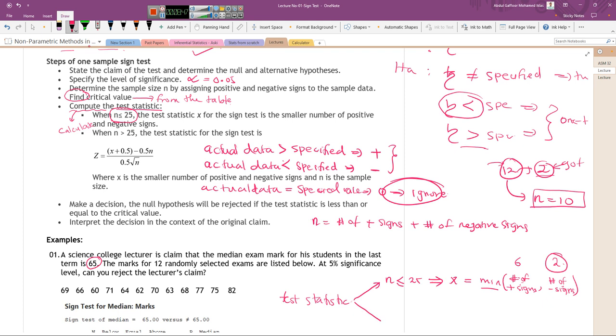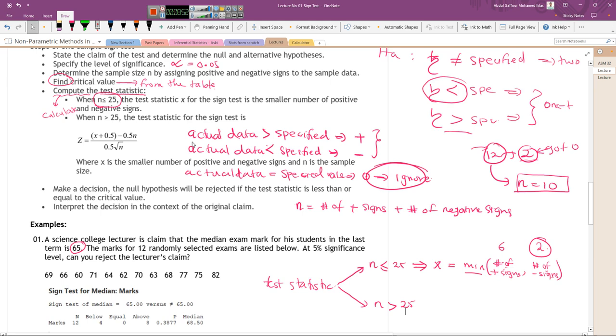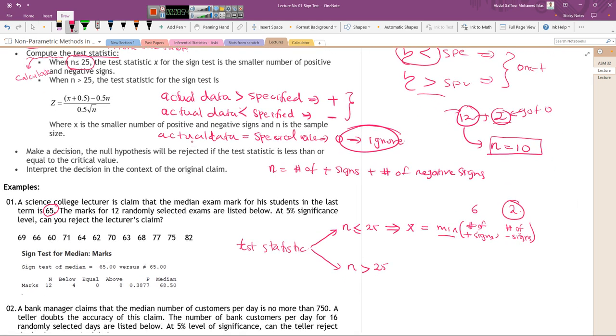And if our n is greater than 25, now we have an equation for this. We assign the letter z for this test statistic. This will be equal to (x + 0.5 - 0.5n) divided by (0.5 times the square root of n). Here the n in this equation is the summation of the number of positive signs and negative signs.